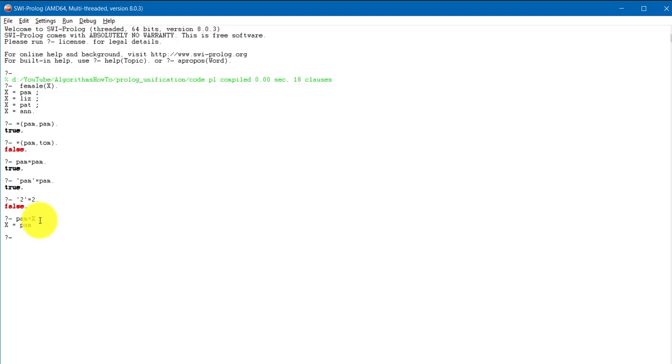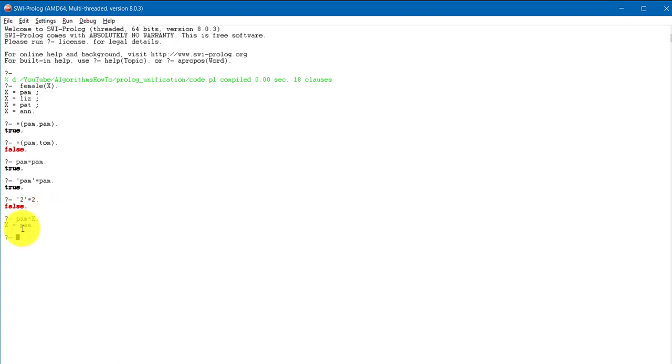It is saying X equals PAM, not true or false. When we are dealing with a variable in a goal, by using that matching rule Prolog finds the value of that variable that will make the terms match, instead of true or false. That is the concept behind this.